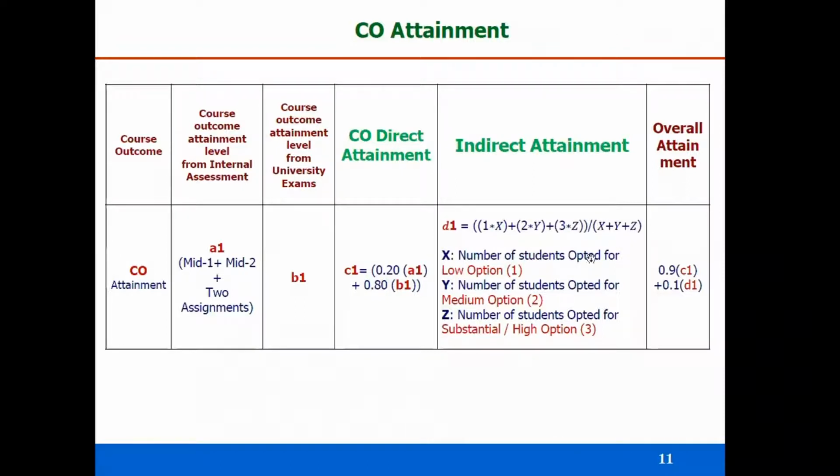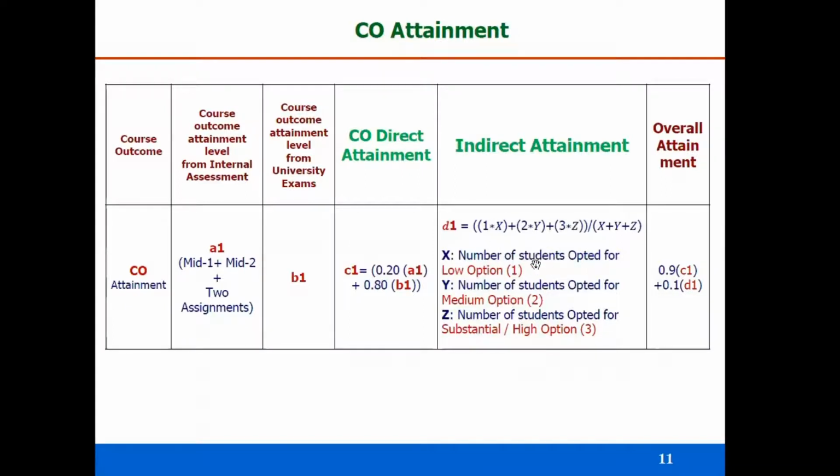Here X is the number of students who opted for option 1, that is low. Y is the number of students who opted for the medium or moderate option, that is 2. Z is the number of students who opted for the higher level, that is 3. Here 0 is not considered; only 1, 2, 3 need to be considered in this formula.